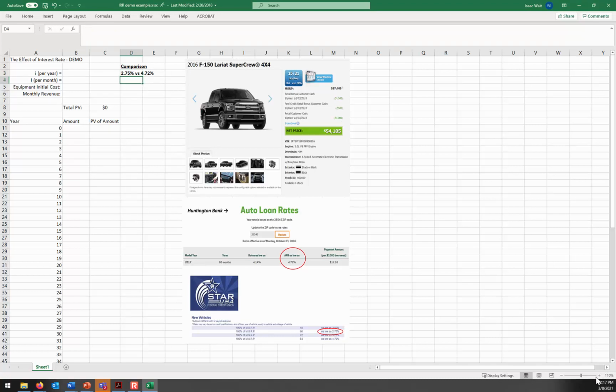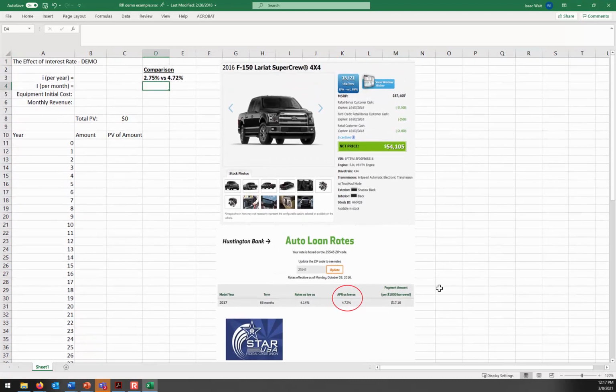These are the two different examples. We'll start off with 0.0275. That's the interest rate per year of the lower Star USA Federal Credit Union. On a monthly basis, that interest rate is the annual rate divided by 12. So this is my interest rate per period.